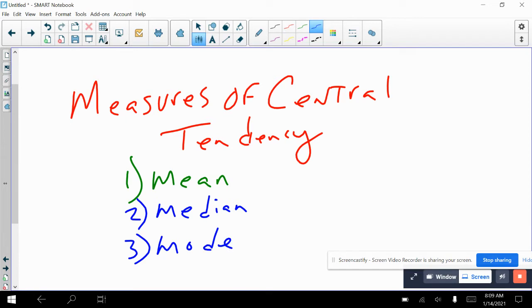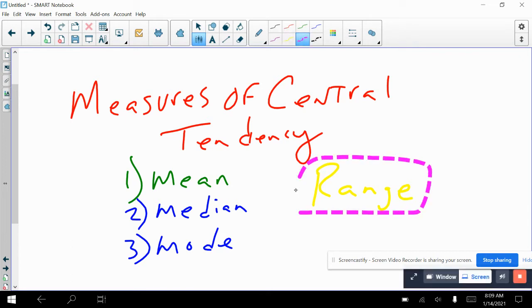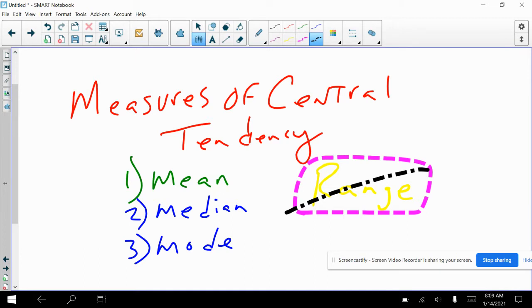The last one that we're going to throw in there is the range. But let's be very specific here. The range is not part of central tendency. Listen carefully. For some reason, I don't know why, they always lump range in when we talk about the measures of central tendency.